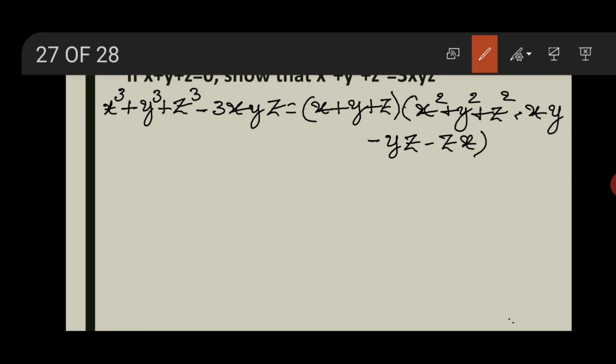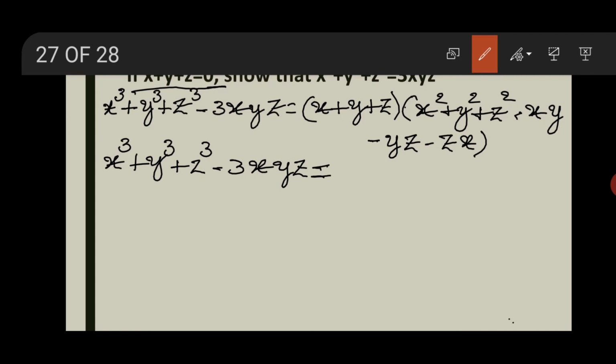Now using this, we can say that here what is the condition? X plus y plus z is equal to 0. It is the condition. Therefore, now I will write x cube plus y cube plus z cube minus 3xyz, left hand side of the identity as it is. Here substitute the value of x plus y plus z. It is the condition. It is equal to 0.